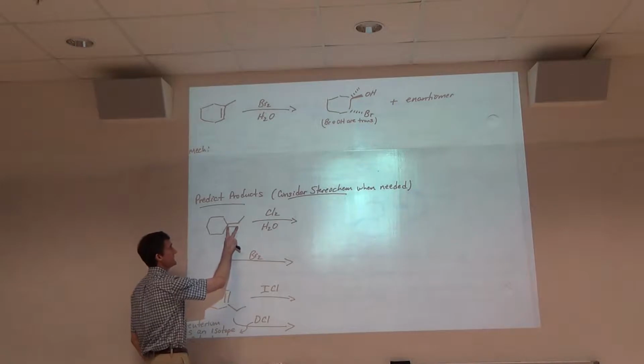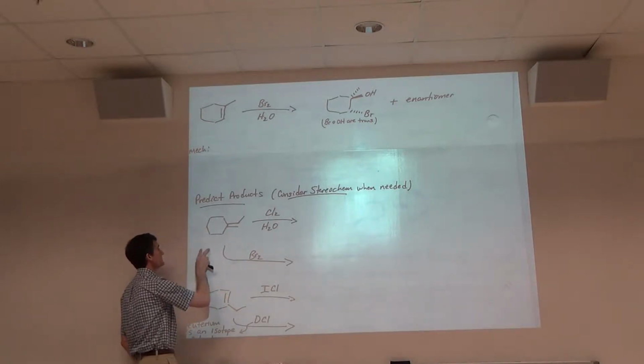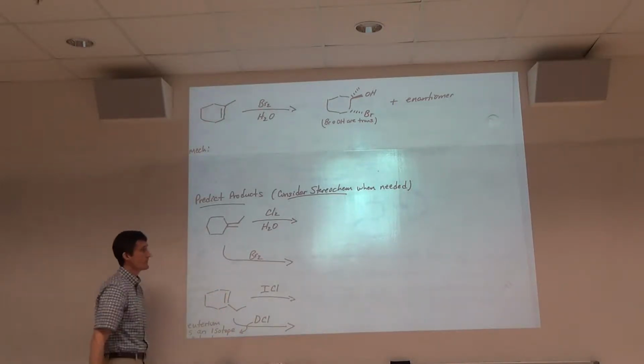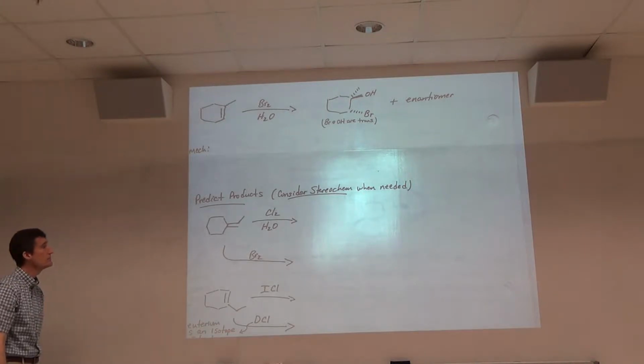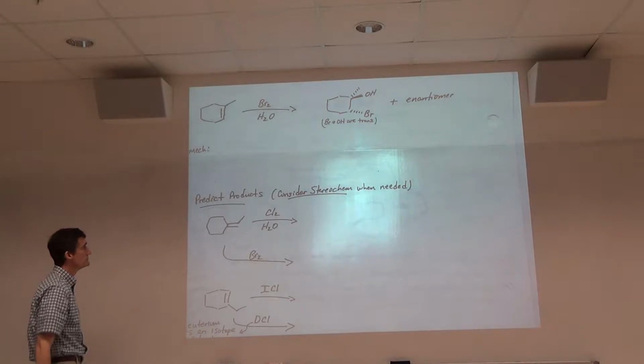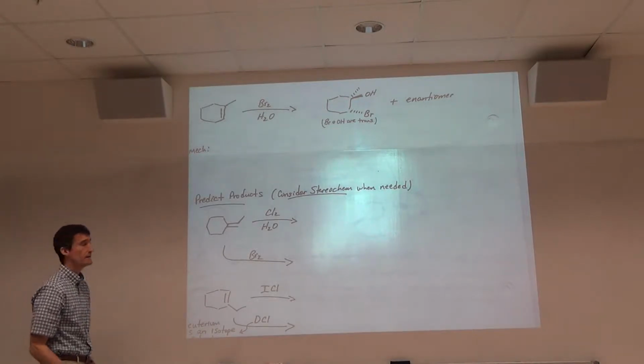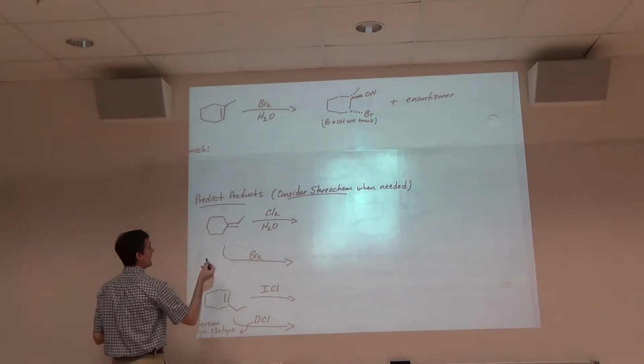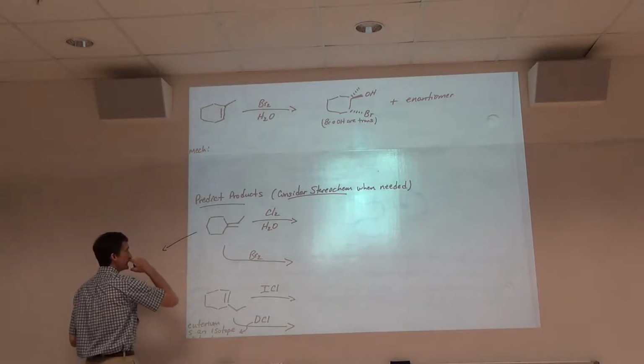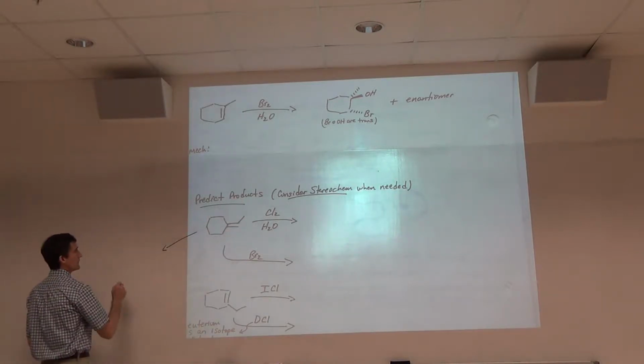Which carbon is the Cl going to be on? Well, we think mechanistically. What's the first intermediate? What's formed first in this reaction? Chloronium ion.